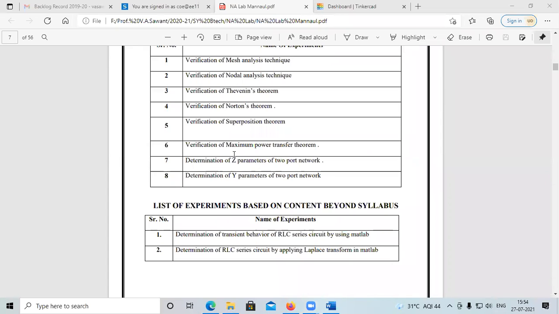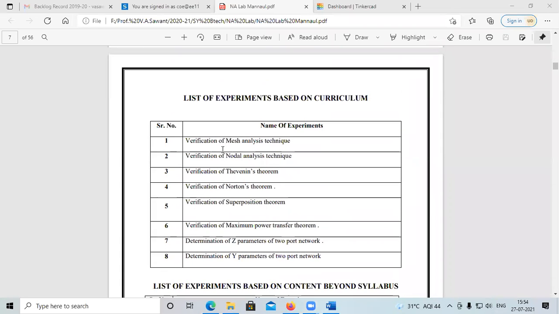We will use one software and verify our experiments, like verification of mesh analysis, verification of node analysis, Thevenin's theorem verification, Norton's theorem verification, superposition theorem verification, also maximum power transfer theorem verification. Some of the practicals we will do online by using software like Tinkercad.